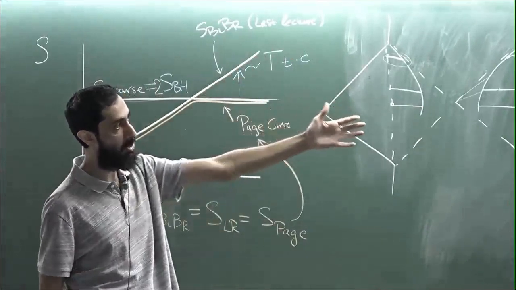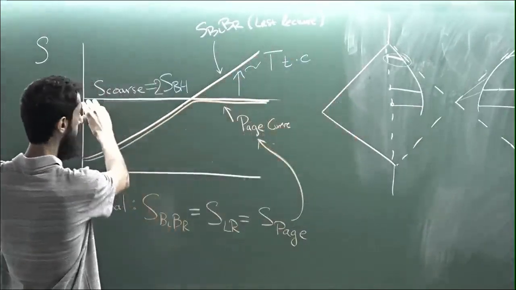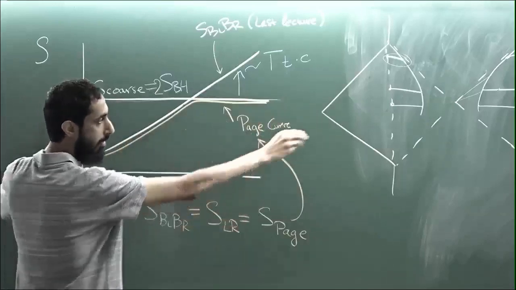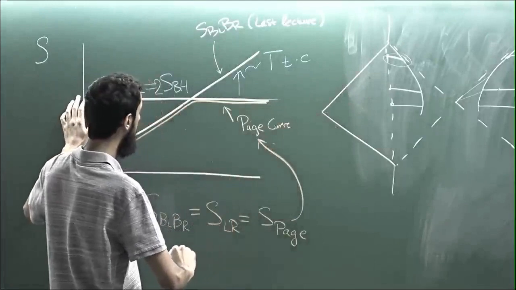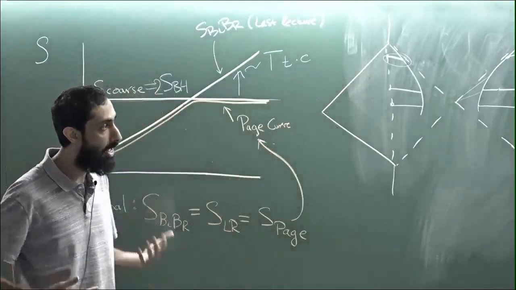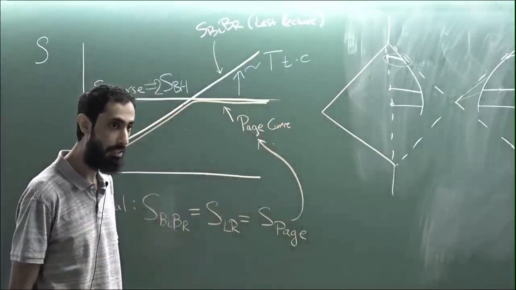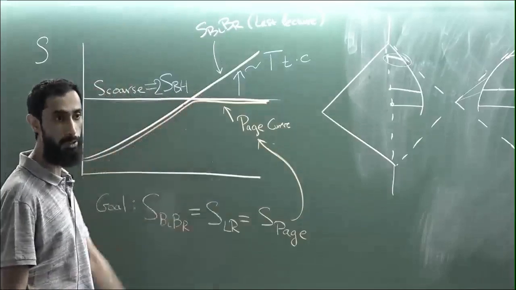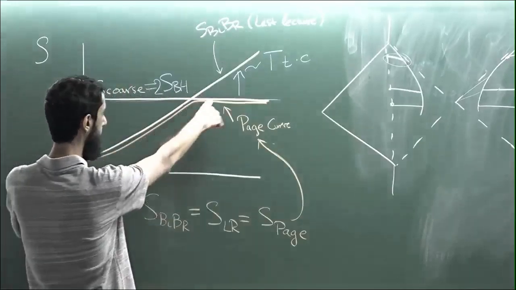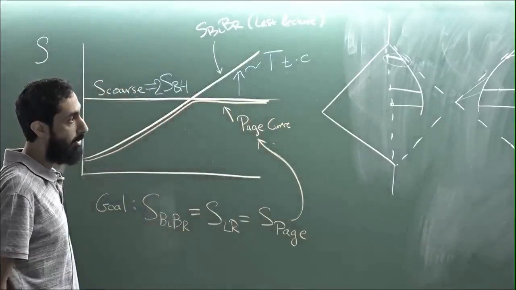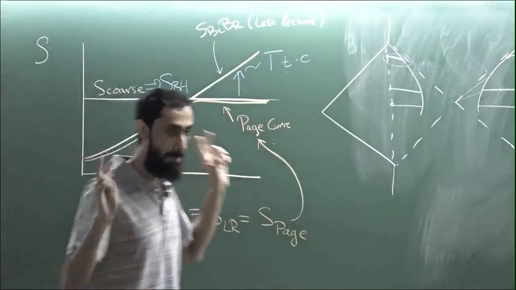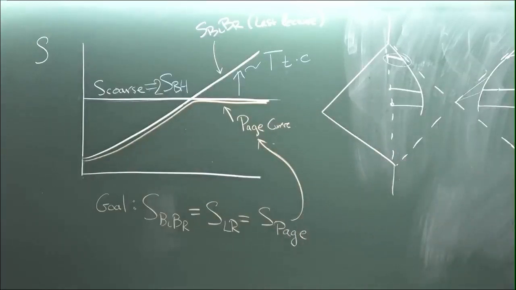And we have the contribution from the disconnected surface, which for the most part, let me ignore the intermediate times, is a constant. Now applying the minimality condition tells you that the entropy is the smaller of the 2. Lo and behold, we get the Page curve. So this is how we get the Page curve for the black hole, the left-right system.